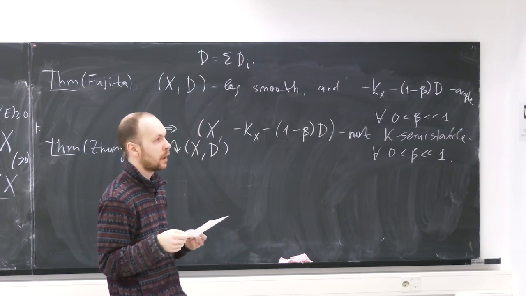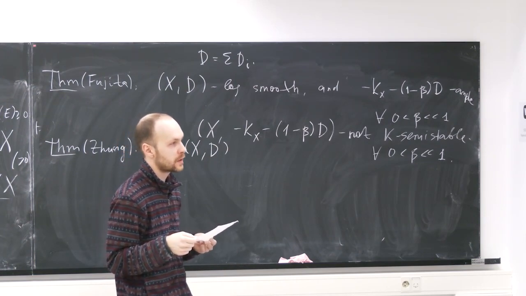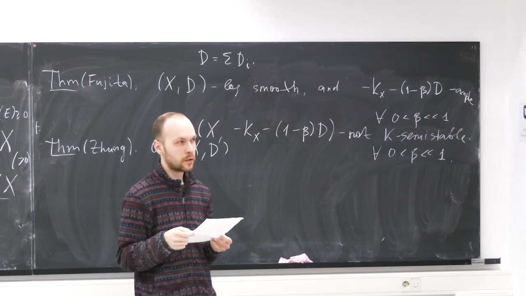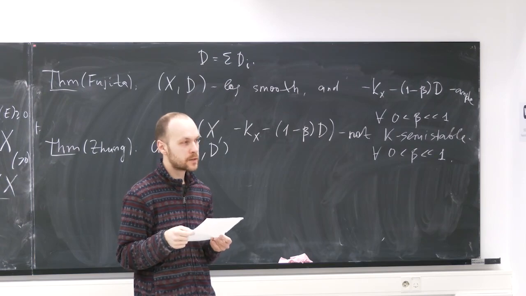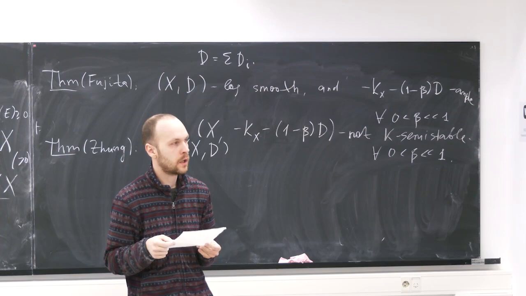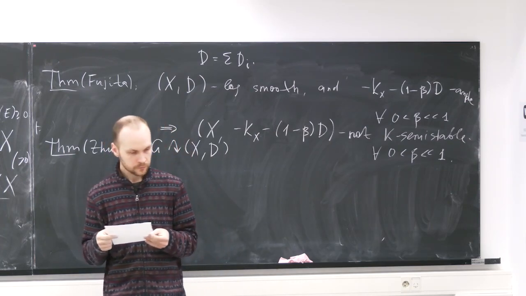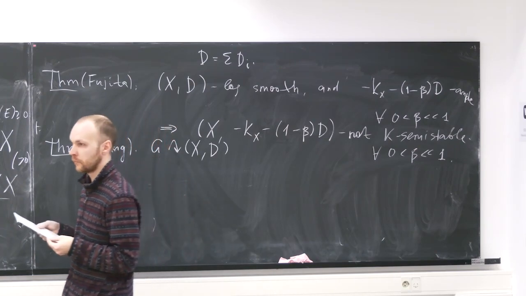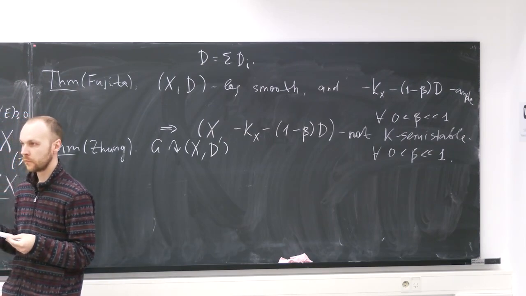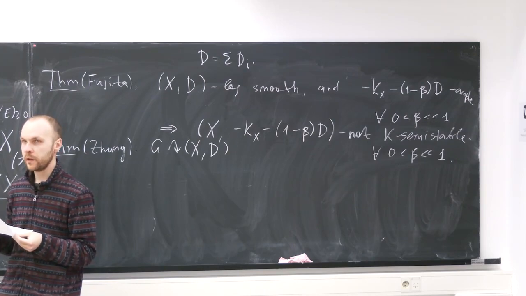Why? You're saying that minus K minus D is semistable? This doesn't make sense, because I defined K semistability for log Fano pairs. I'm saying not minus K minus D, but minus K minus D with coefficient approximately 1. It is not semistable. In this case, I think it is not semistable.